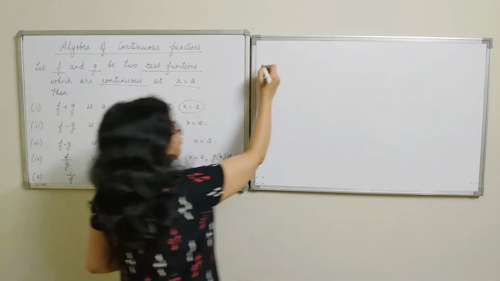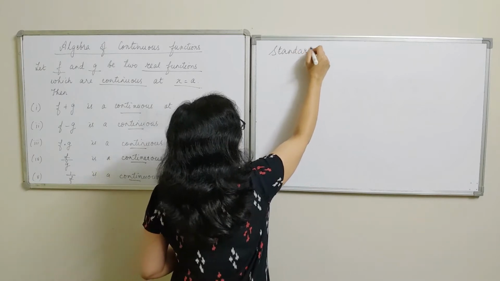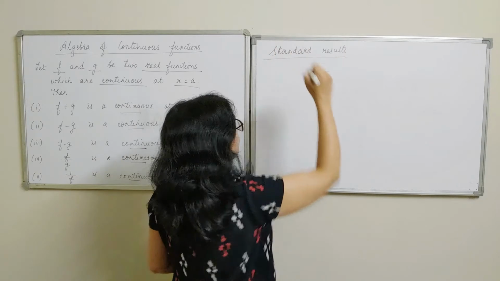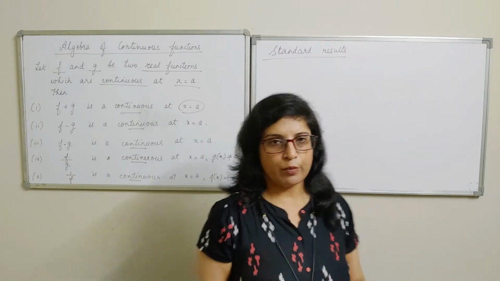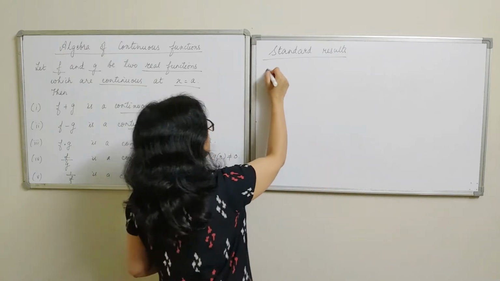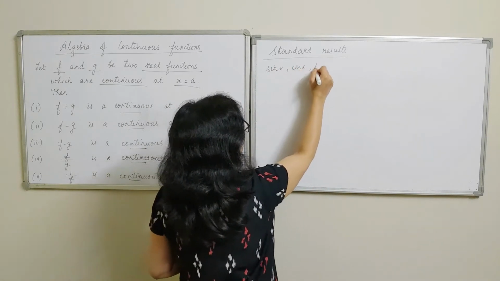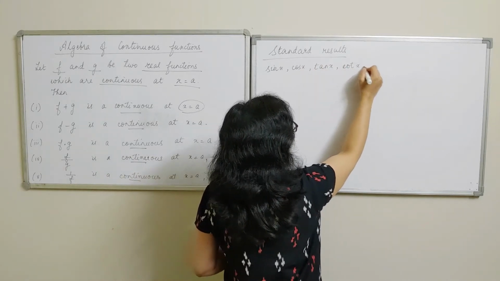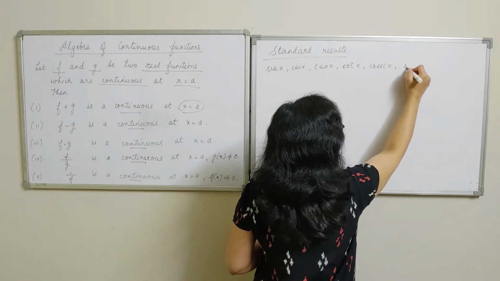Now some more standard results that we are going to write down here. Certain functions which are continuous in their domains. Which functions are these? These are trigonometric functions: sin x, cos x, tan x, cot x, cosec x, sec x.